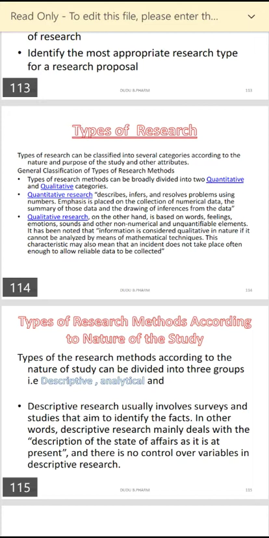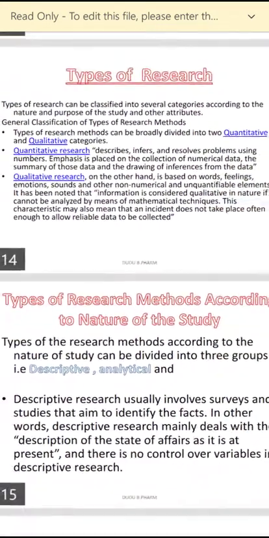These characteristics may also mean that an incident does not take place often enough to allow reliable data to be collected.